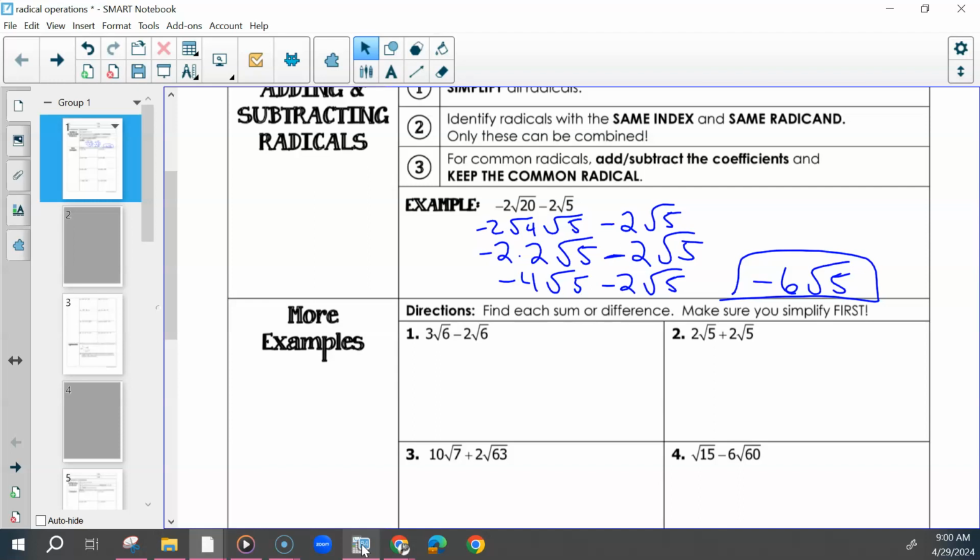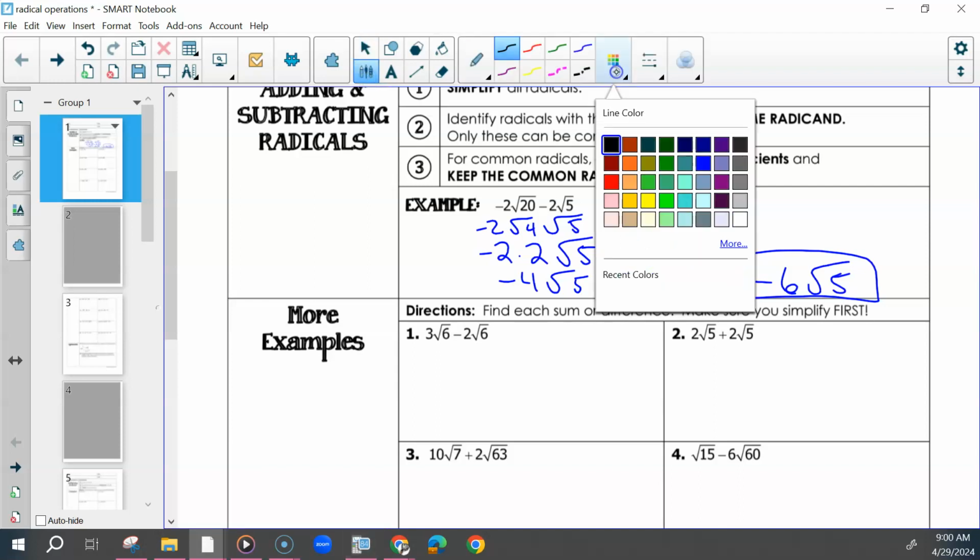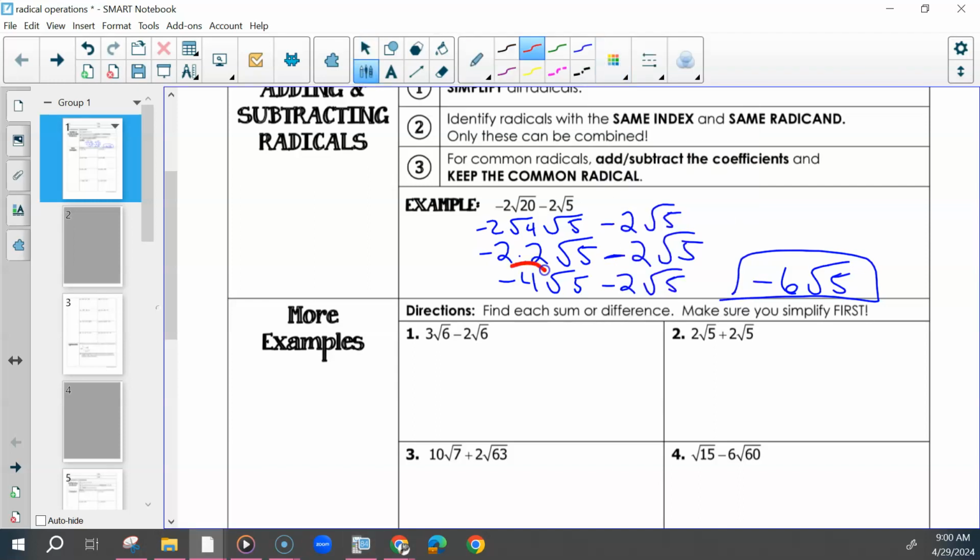Any questions on that process before we continue? Subtract these.